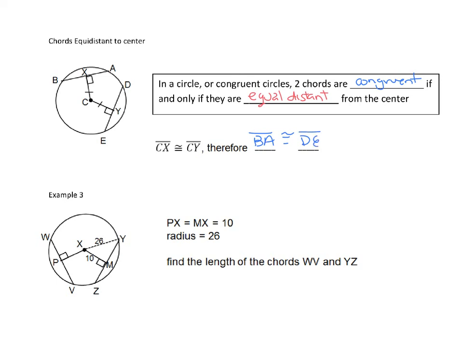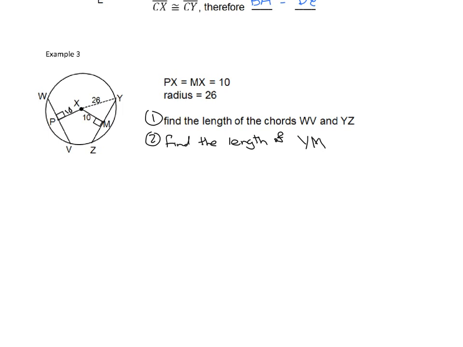So, let us look at an example. This example states that we have PX and MX, and they are equal to 10. So I went ahead and put 10 here. And then they tell us that the radius, XY, is 26. Hopefully you guys are noticing that XP or XM are not radii because they don't go all the way to the circumference.